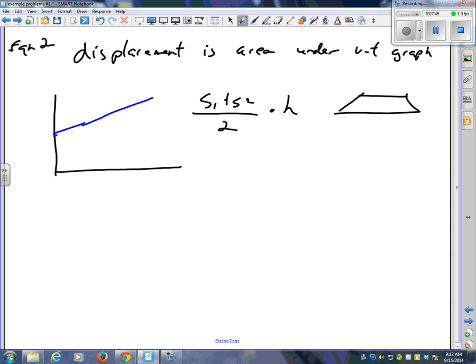I want to find the area of this red area. Side 1 is actually that one there, and side 2 is that one there, and the height is that one there, right? But what do those mean on a VT graph?